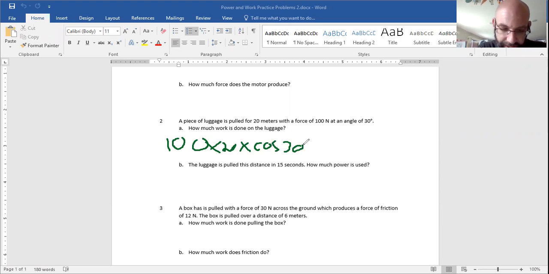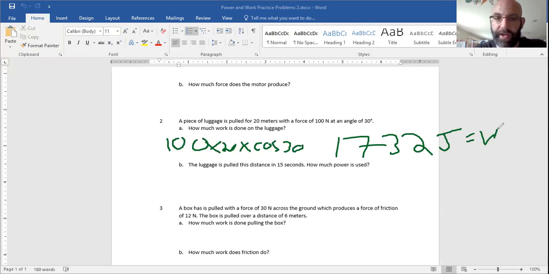Make sure you're in degrees. Cosine 30 times 2,000 is 1,732. That's how many joules of work are done.